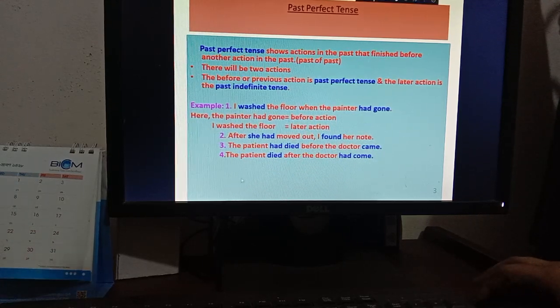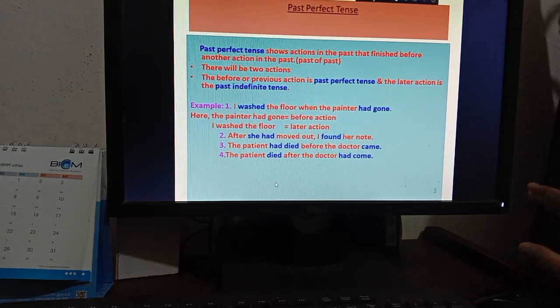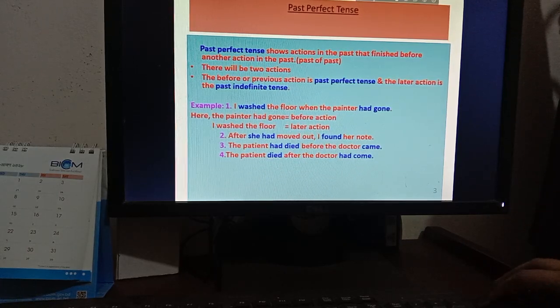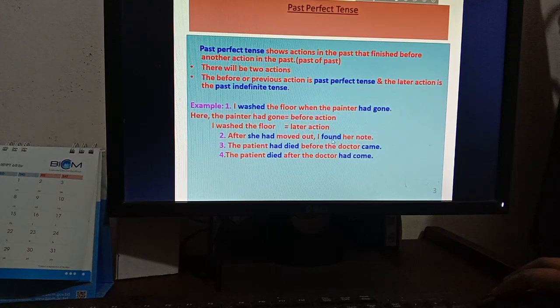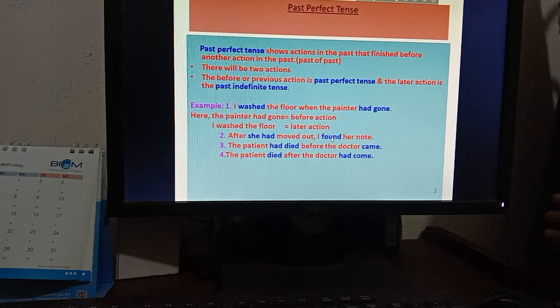So I told you that before action would be the past perfect tense. So she had moved out. This is the before action, that's why this is in past perfect tense. I found her note. This is the later action, that's why this sentence is in past indefinite tense.